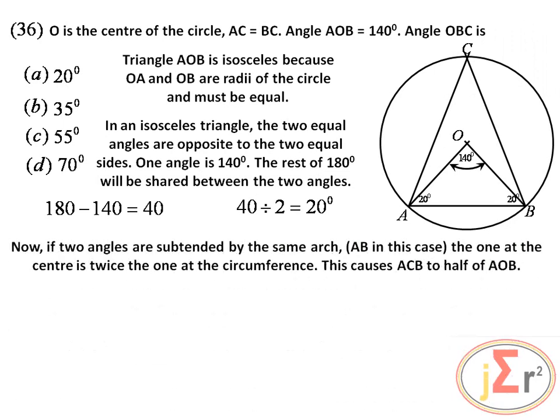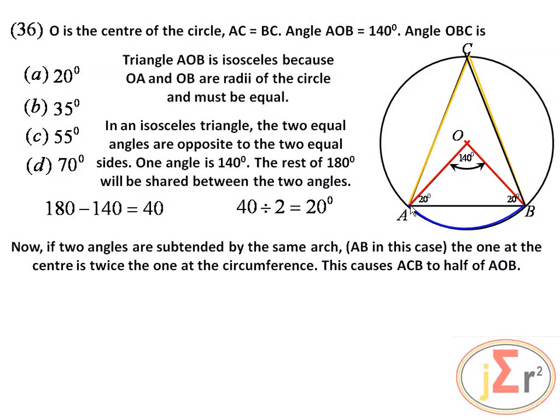Now, if two angles are subtended by the same arc, AB in this case, so we have the arc AB, and we have two angles subtended by that arc. One is this one that we have right here, which is 140 degrees.